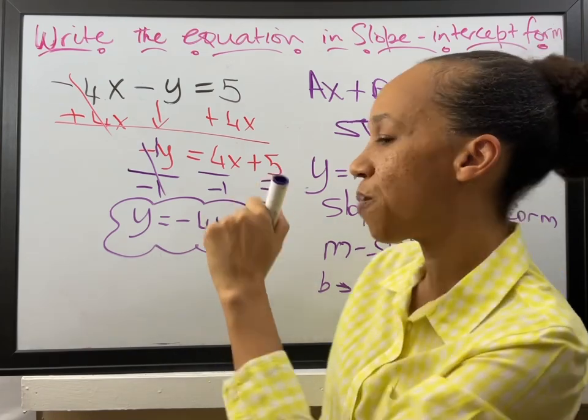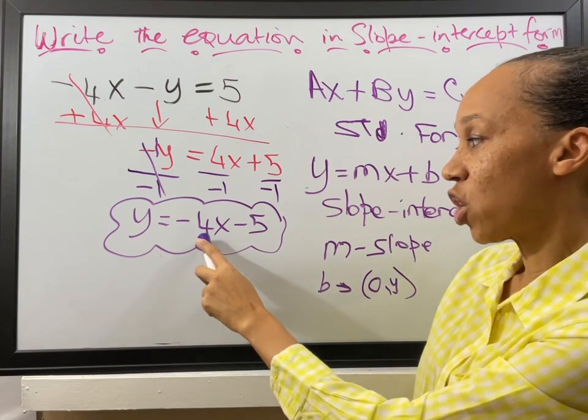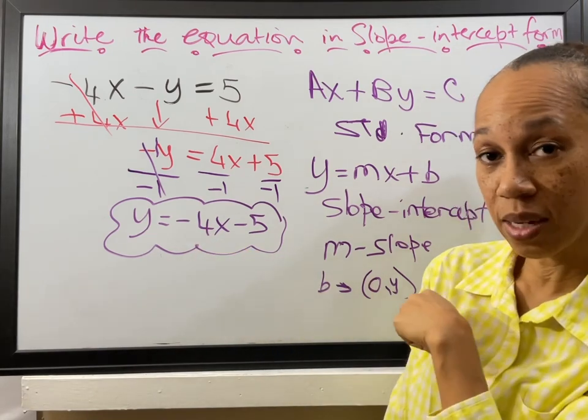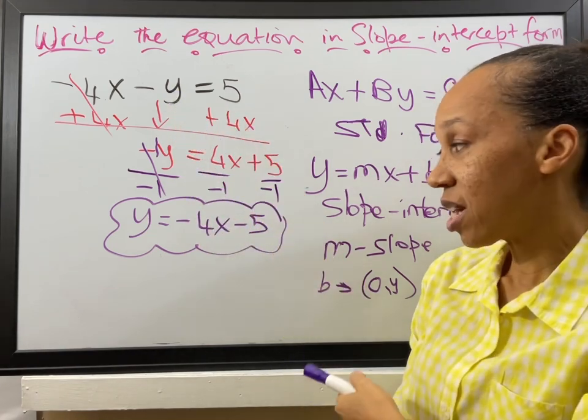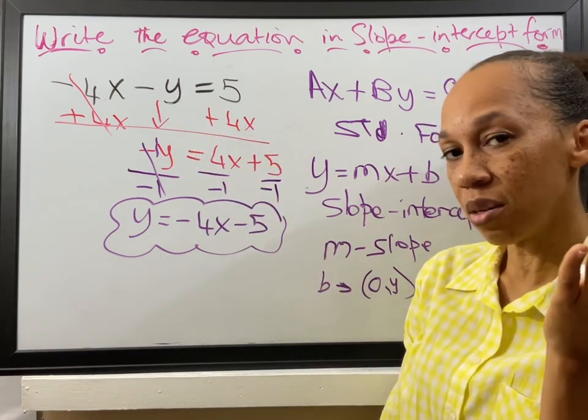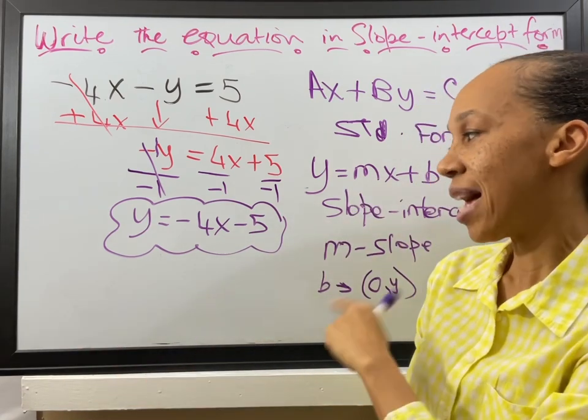So this particular problem now is showing you that your slope is negative 4. That means it's a negative slope. And you pretend you're skiing and you're going down this slope or down the hill. That's a negative slope.